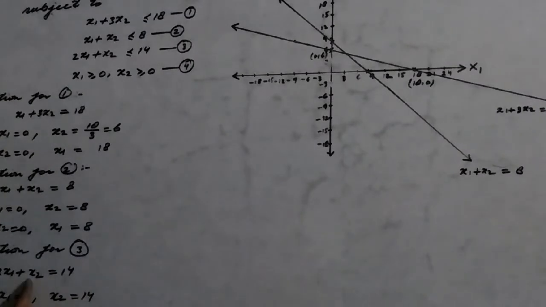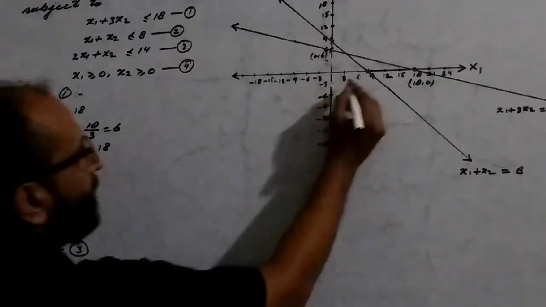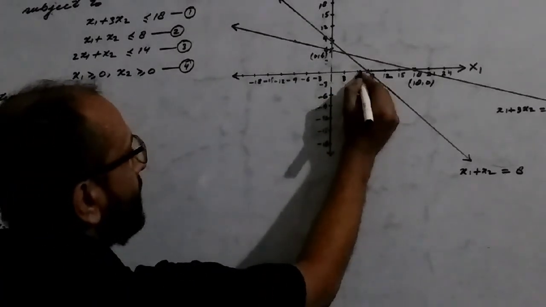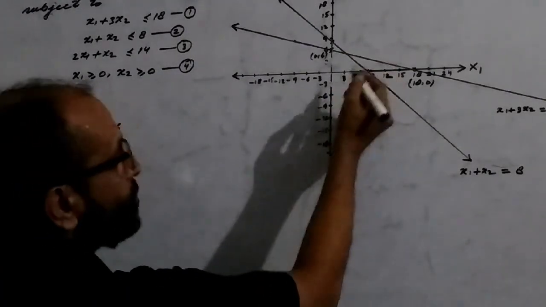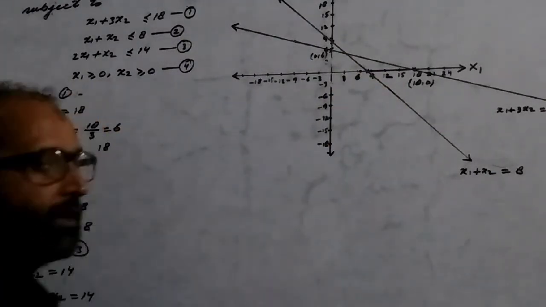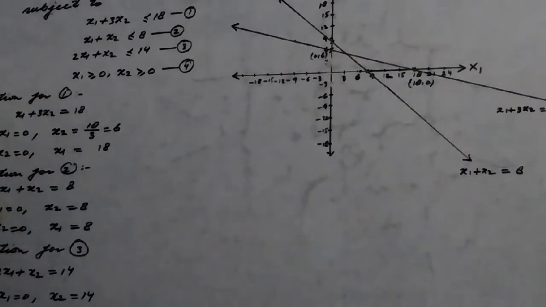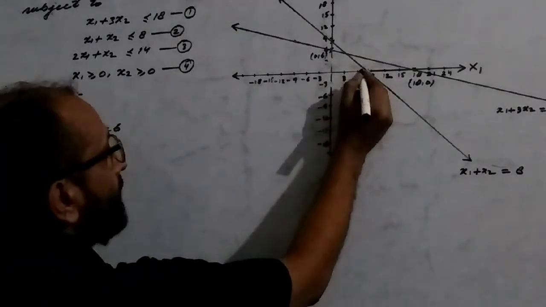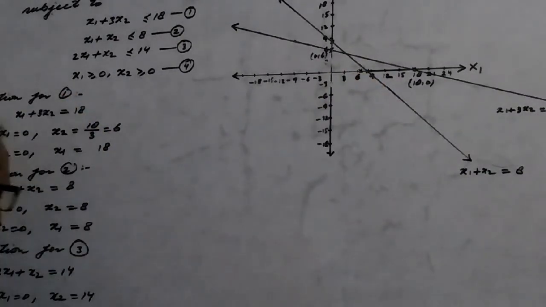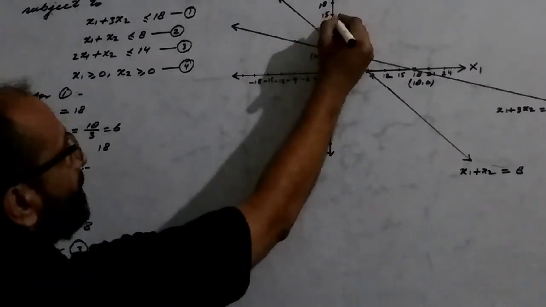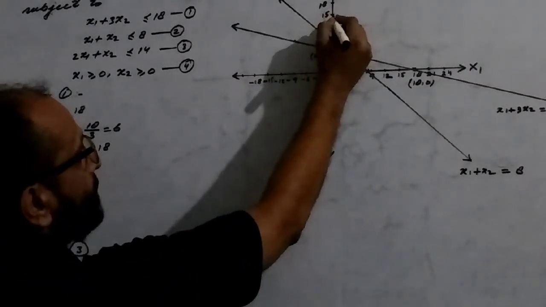Now come to the third one. Here x1 is equal to 7, so very close to 6, somewhere between 6 and 9, but close to 6, because 7 is closer to 6 in comparison to 9. So let it be this, and x2 is 14, so 14 must be somewhere here close to 15.